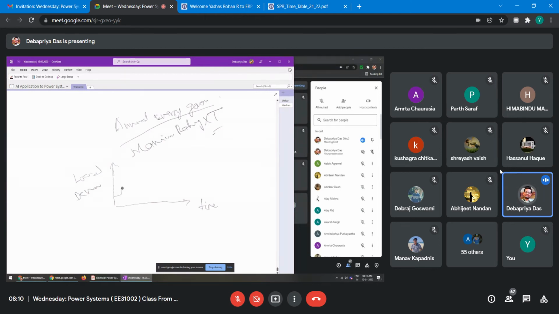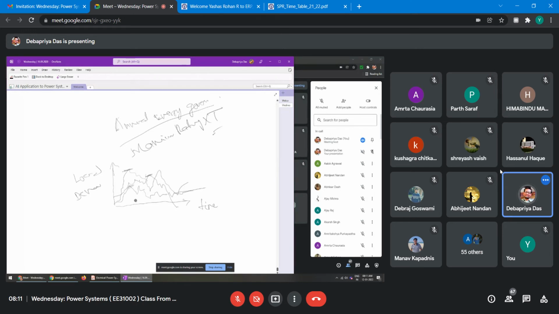For example, this is one consumer, say industrial. Another may be agricultural, like this. Another may be commercial, going like this. So in this case, this is the individual maximum demand for industrial consumers, this for commercial, and this for residential. Each is an individual maximum demand.